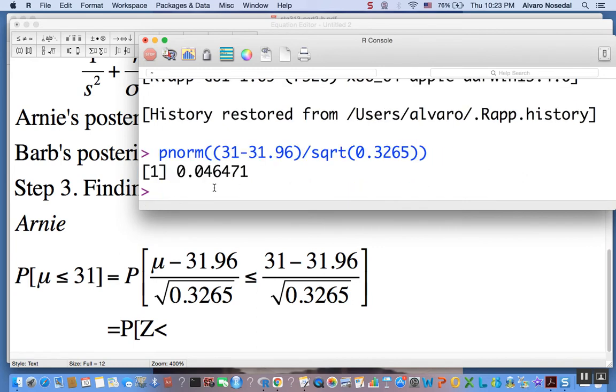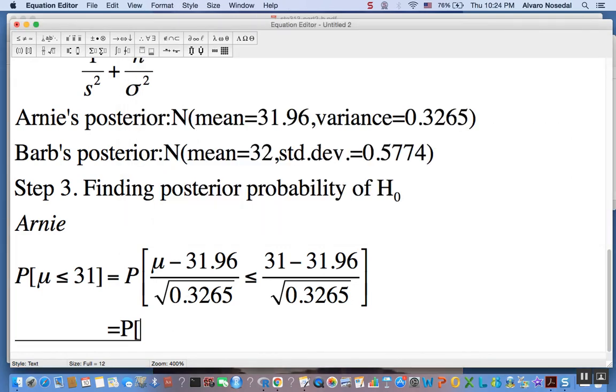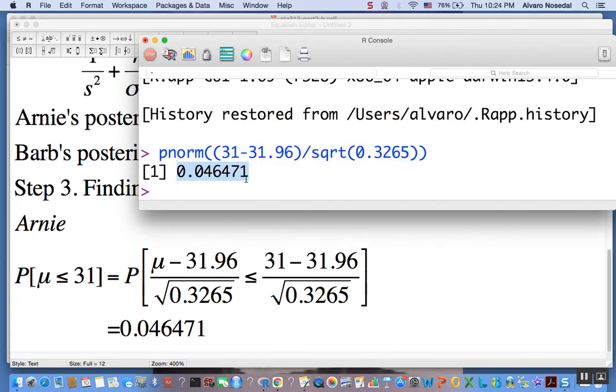Okay, so roughly .6%. Note that what I did here, that intermediate step where I standardized, I turned this into a normal 0-1 calculation.